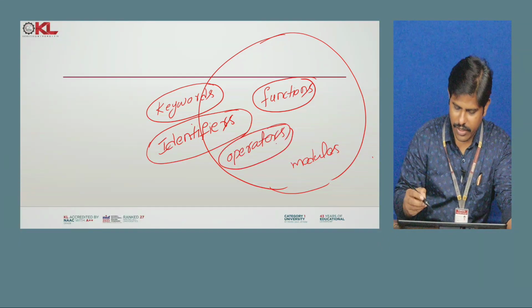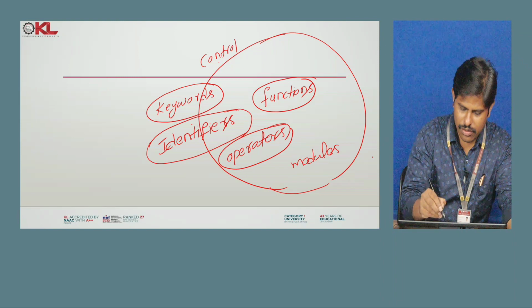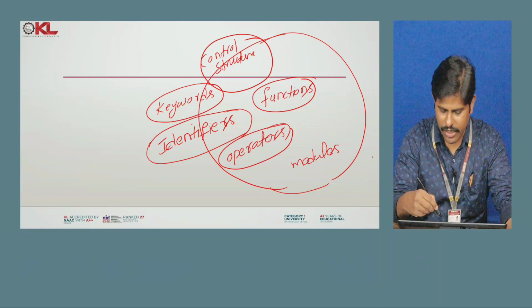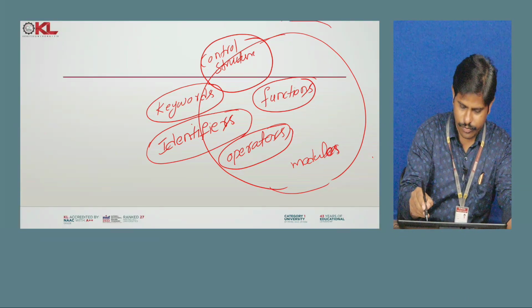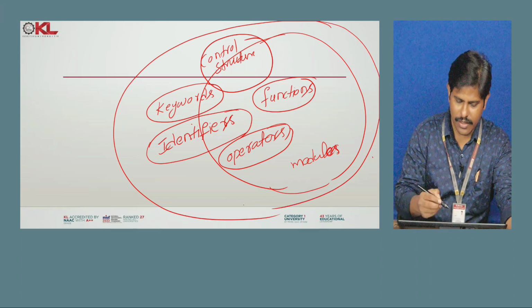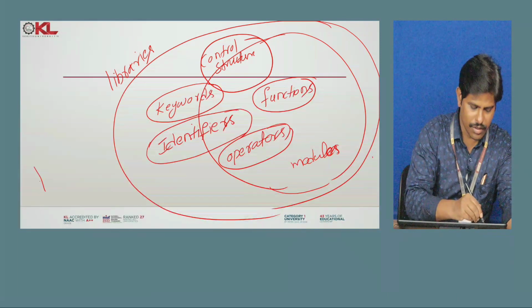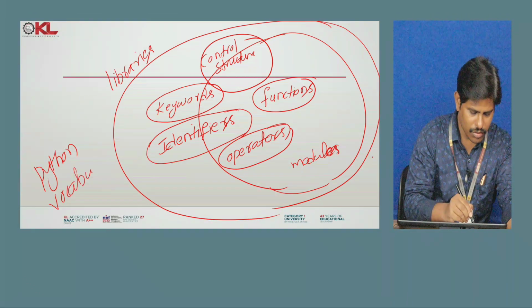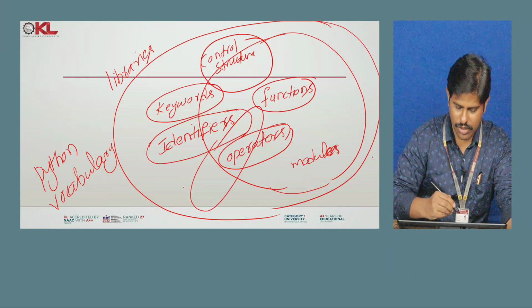So you'll use all operators. Then you have control structure. So inside your module, inside the functions, you use keywords, identifiers, operators, and write the functions, and the functions can be stored in the modules, and all these modules can be provided as libraries. This we can call the Python vocabulary. Somewhere here you can use the object oriented programming approach.